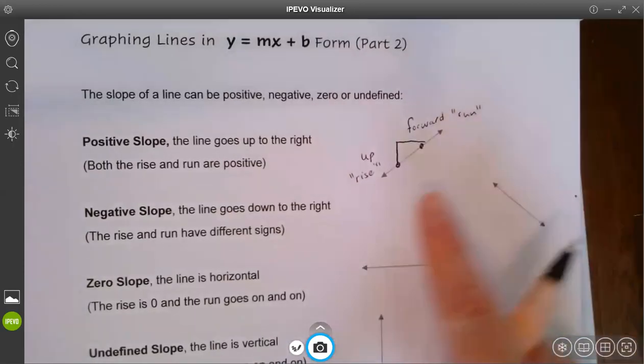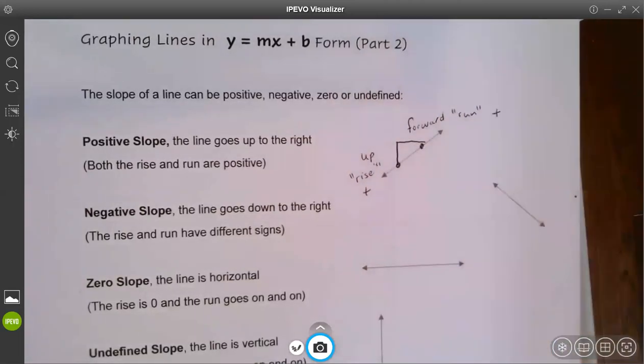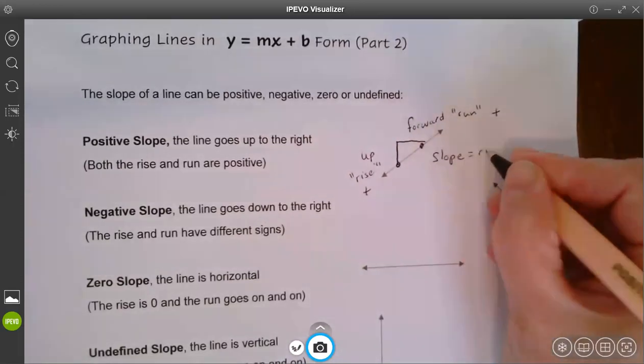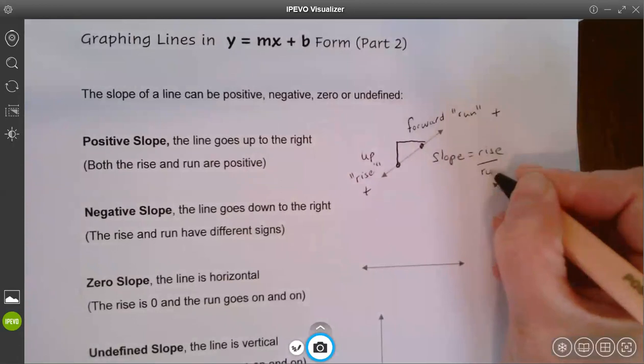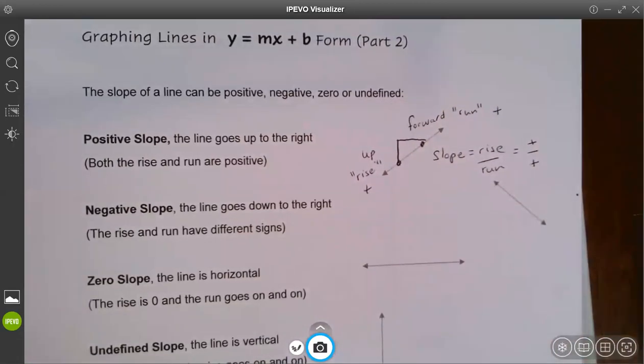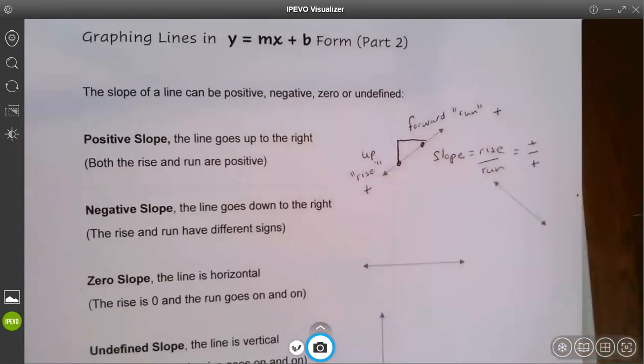Since we are going up, this is positive, and because we're going forward, this is also positive. So our slope, which is rise over run, is a positive over a positive, which means that the overall sign of our slope is going to be positive. As soon as you know that you have a positive slope, you know that the direction of the line has to be going up to the right.